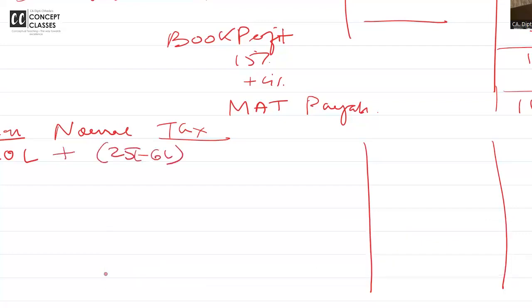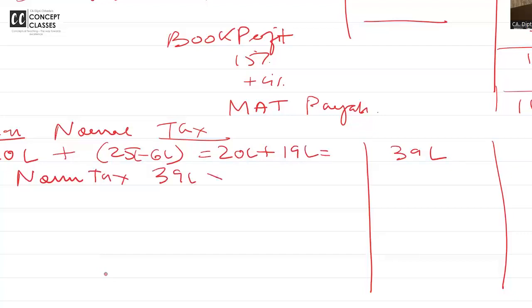So how much will come? 20 lakhs plus 19 lakhs. What is first of all your normal income? 39 lakhs. Pay normal tax on 39 lakhs at the rate of 40% because it's a foreign company.